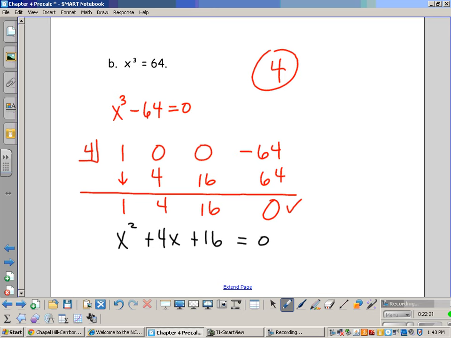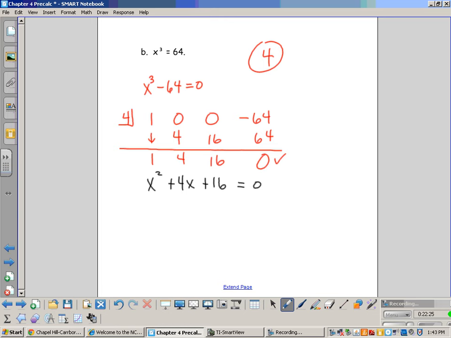Now we already know that this is not going to produce any real solutions because we didn't see that it intersected the x-axis at any other point. So this is when you would want to use the quadratic equation again. Negative b is going to be negative 4 plus or minus the square root, and b squared is going to be 16 minus 4 times a times c.